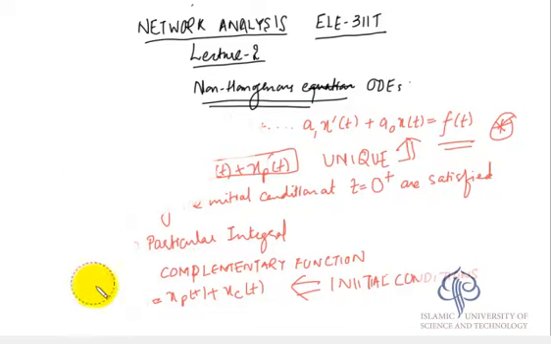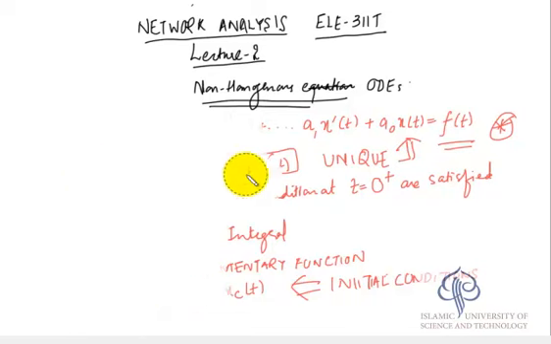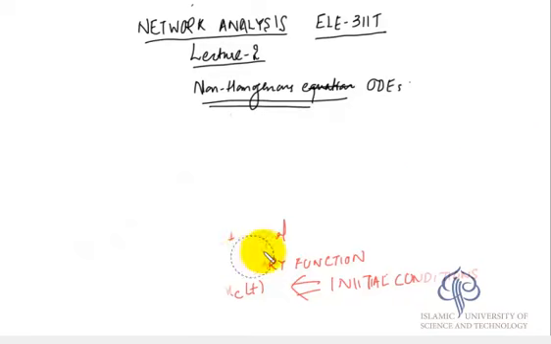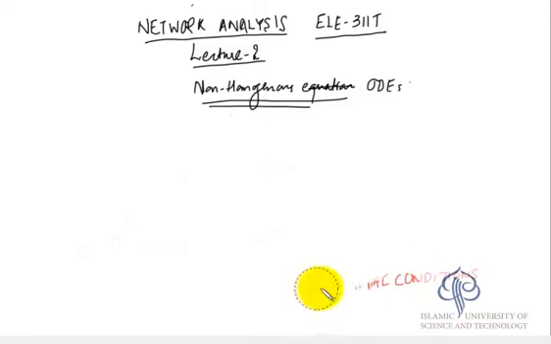Now, there is a rule of thumb for determining xp(t), the particular integral. We already know how to find xc(t), the complementary function. This is found by using the method for homogeneous differential equations.